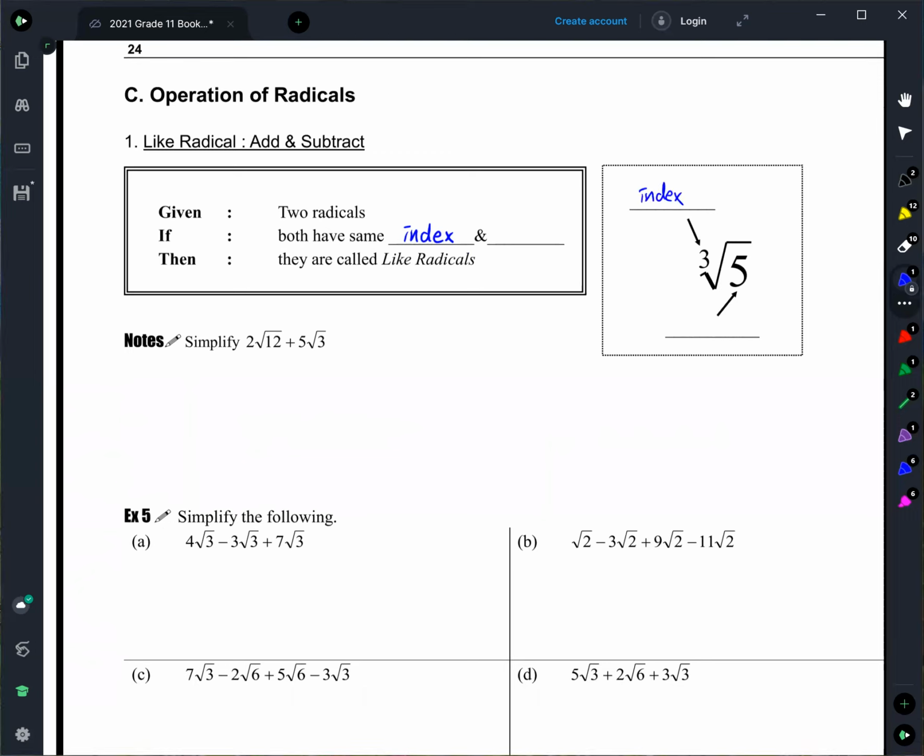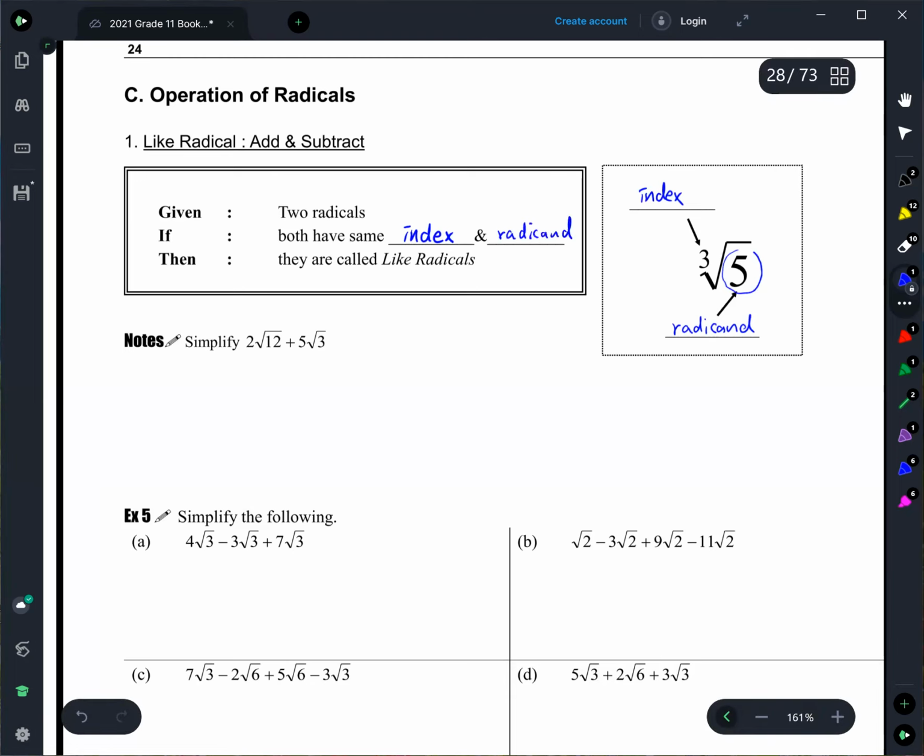If it's a square root, then the 2 is the index. And the number that's inside is called the radicand. So it has to be the same index and the same radicand. Then we call them like radicals.